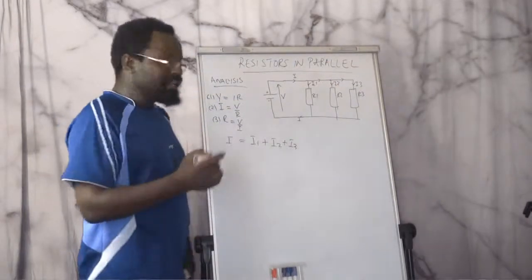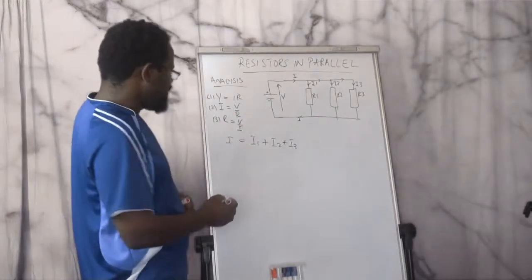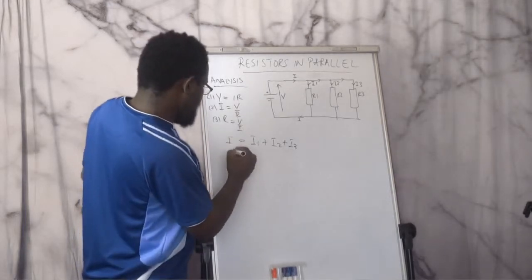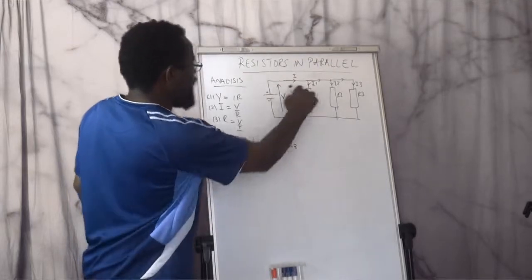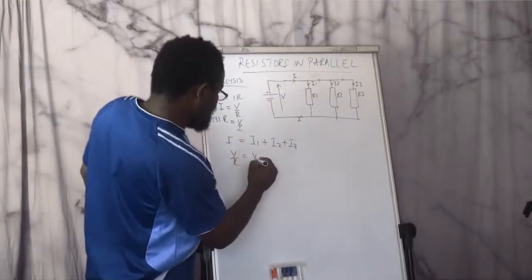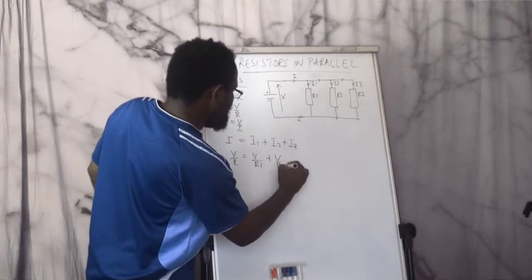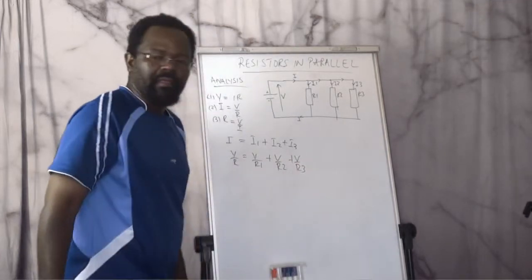Okay, so let's substitute here. I is equal to V over R, equal to V over R1 plus V over R2 plus V over R3, because the same voltage V is present across those resistors.